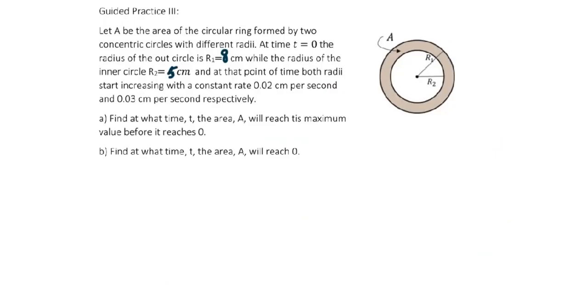Let's go to guided practice 3. Let A be the area of a circular ring formed by 2 concentric circles with different radii. At time t equals 0, the radius of the outer circle R1 equals 8 centimeters, while the radius of the inner circle R2 equals 5 centimeters. At that point of time, both radii start increasing with a constant rate 0.02 centimeter per second and 0.03 centimeter per second respectively.